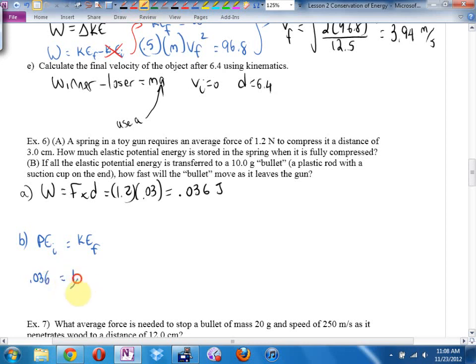0.036 equals a half m v final squared. I think the speed that it leaves at after I pull the trigger is going to be 2 times 0.036 divided by the mass, and then square root that. The mass is 10 grams.